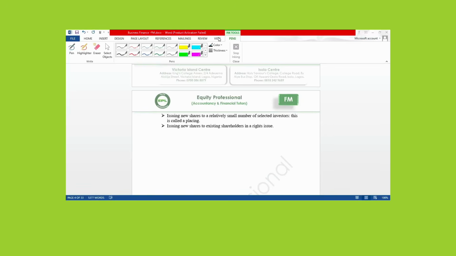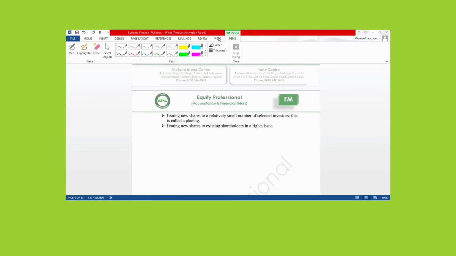Number three method, issuing new shares to existing shareholders in a rights issue. A company can do a rights issue with an objective to source finance. Rights issue is an equity source of financing.